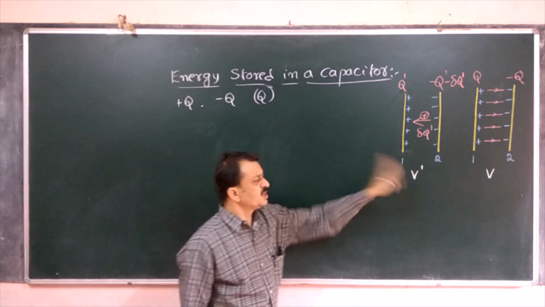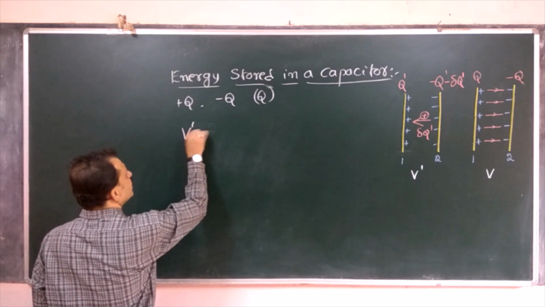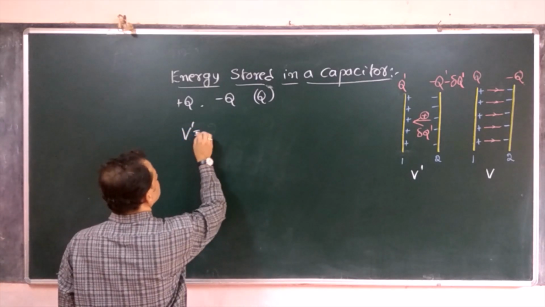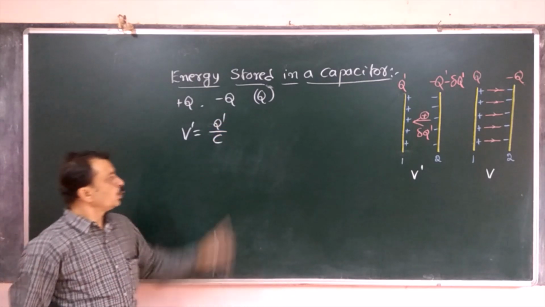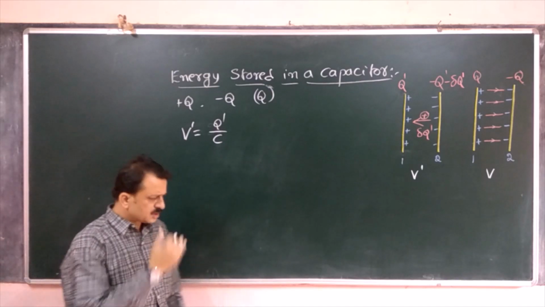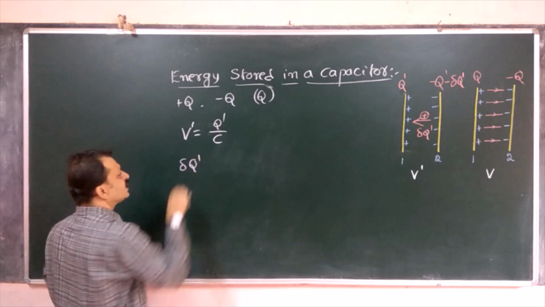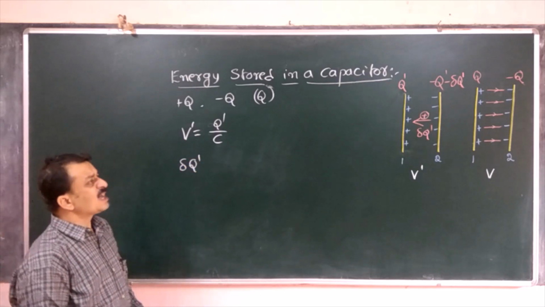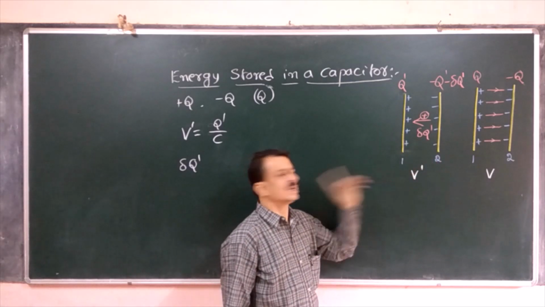Then the potential is V dash. Therefore, by the definition, the potential V dash is given by Q dash divided by C, where C is the capacitance of the plate. Now, I will take a small amount of charge delta Q dash that has to be moved from the second conductor to the first conductor.